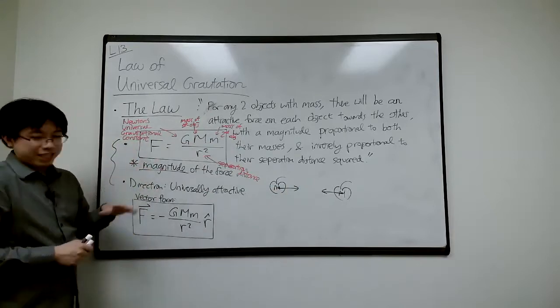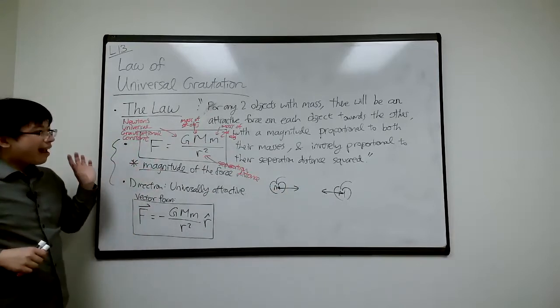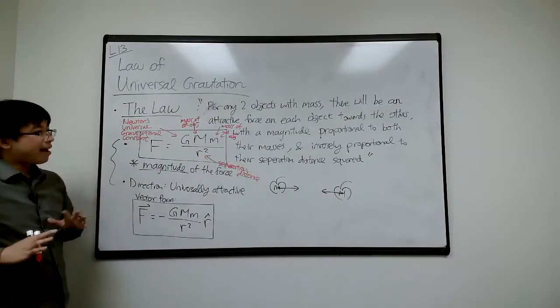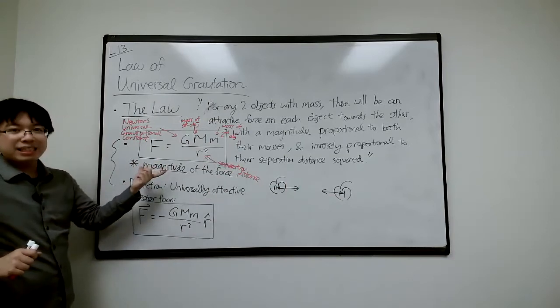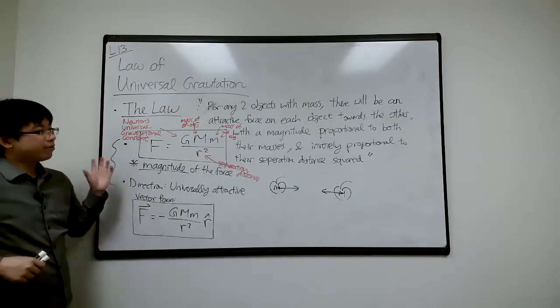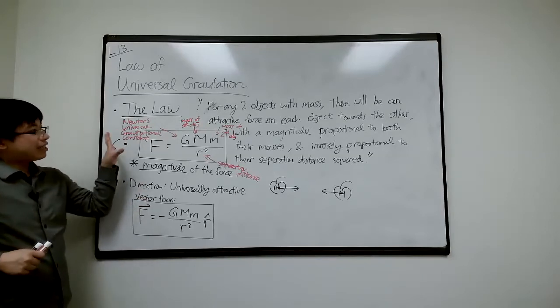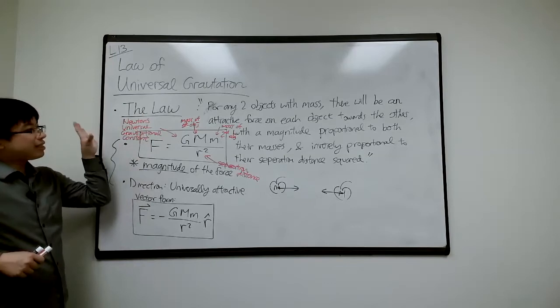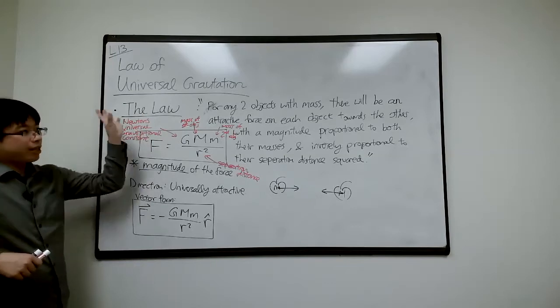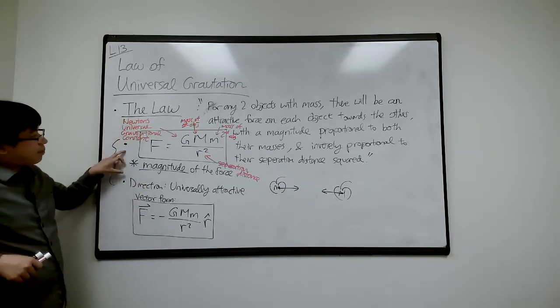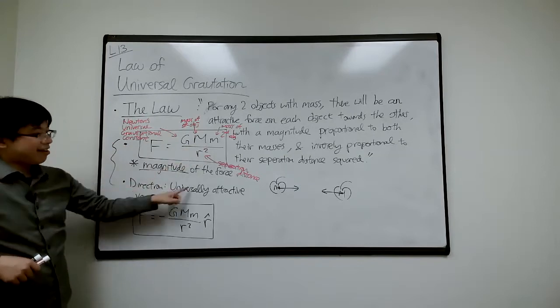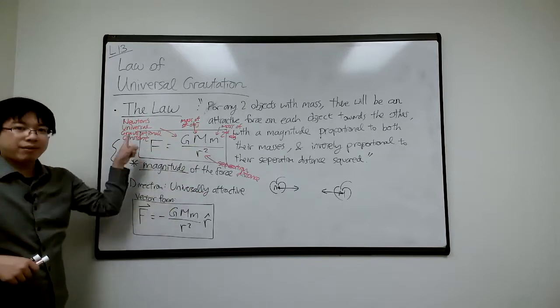Newton came up with this, and he realized that everything, not only on Earth but throughout the solar system, satisfies this. How does he come up with it? We'll basically talk about that. Now, comments on this. If you're ever asked about the law, you can write down this, then say the direction is universally attractive and the magnitude is given by this.